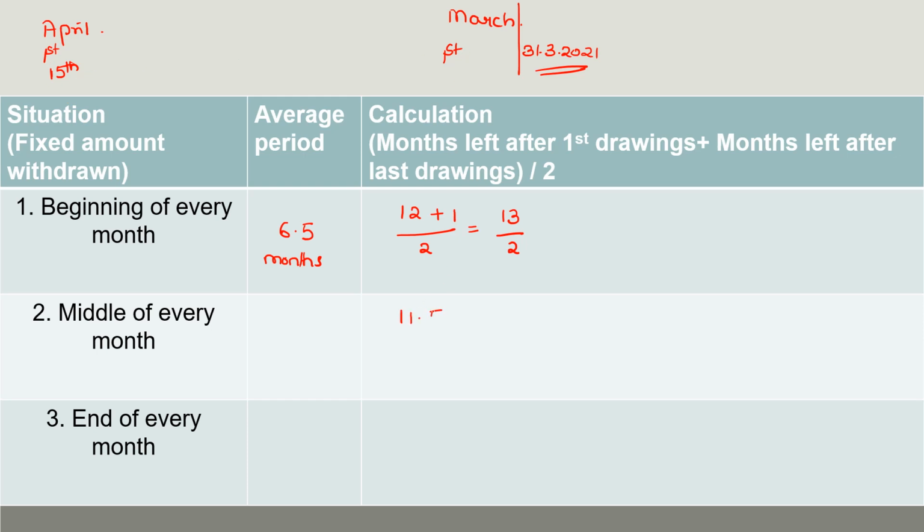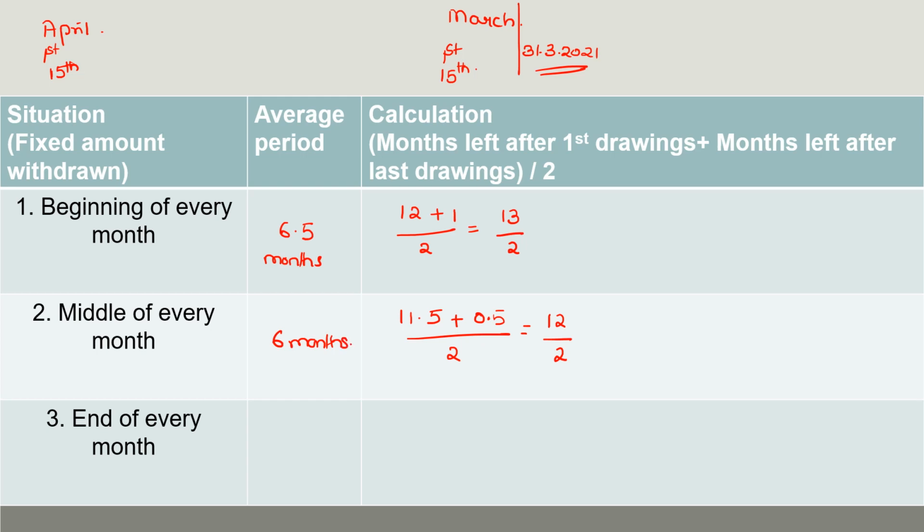So it is going to be 11.5 months. And the last drawing would be on 15th of March. So from 15th March to 31st March, it is half a month. So we take it as 0.5. Find the average of that. That would be 11.5 plus 0.5 is 12 by 2, which is nothing but 6 months.